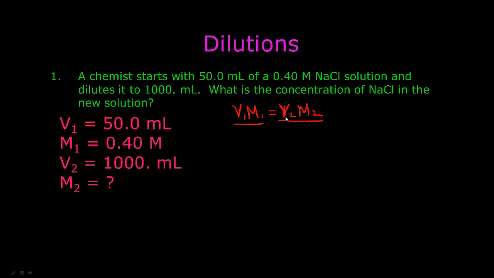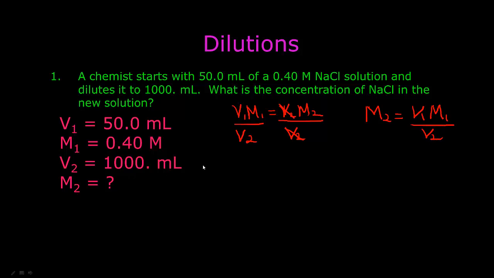And I need to move the V2 to the other side of the formula. So I'm going to divide by V2. My V2s, I got 1 on top, 1 on bottom. V2 divided by V2 is 1. So my new formula that I'm going to use is M2 is equal to the initial volume times the initial molarity divided by the final volume.